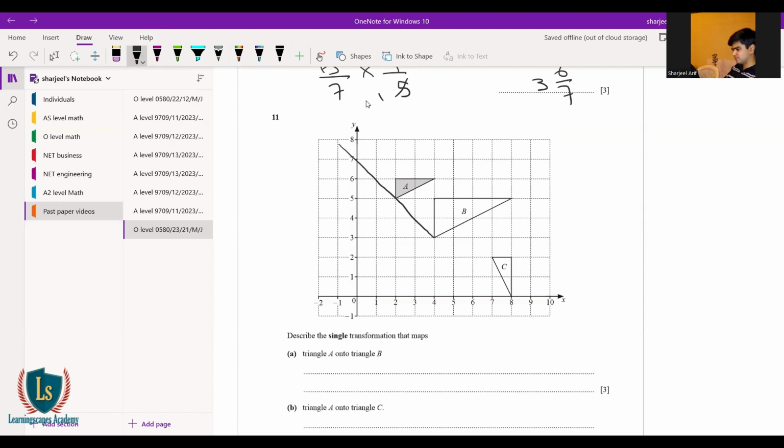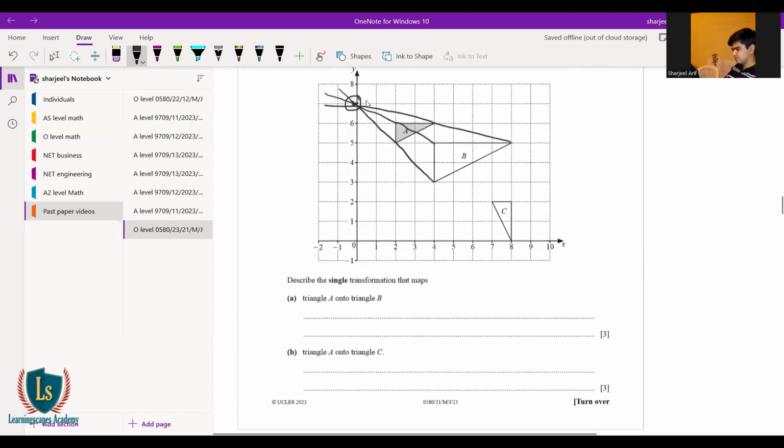This is part 1. This is part 2. And this should be part 3. So all these points intersect at 0, 7. And the enlargement factor should be 4 divided by 2.